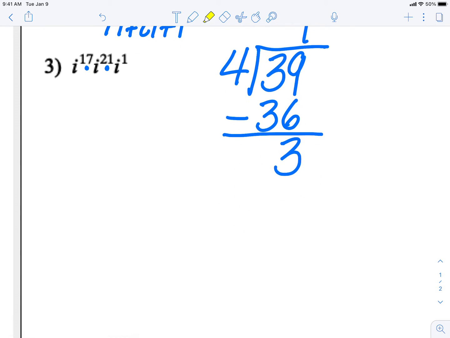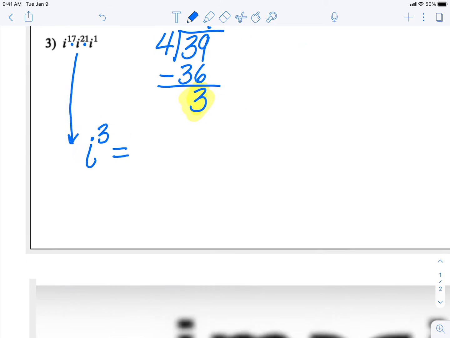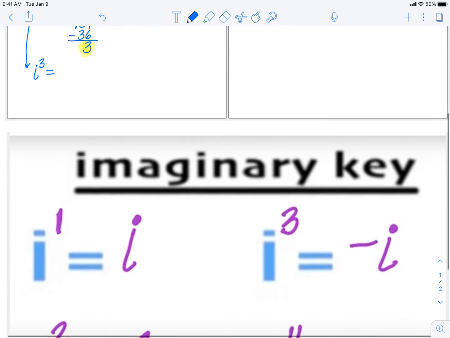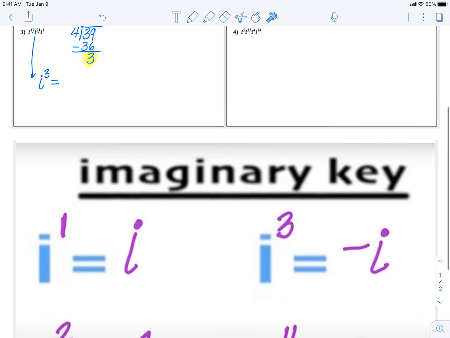Right? So this number is going to be my new exponent for my new i. So all of these come down and become i to the power of 3. And this is where the 3 comes from, the remainder. So how much is i to the power of 3? Well, let's check our imaginary key here. i to the power of 3 is equal to negative i.